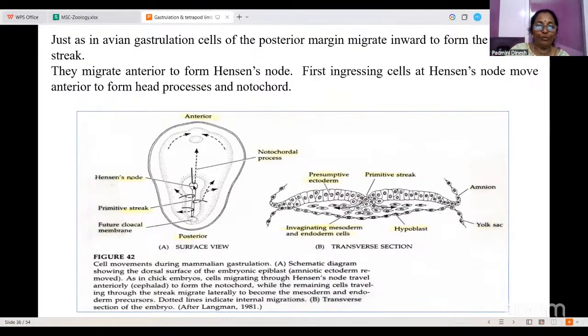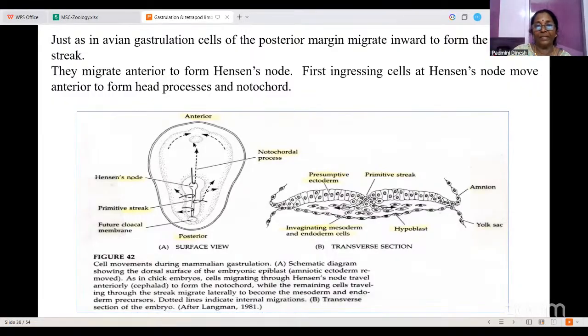Now, at the anterior region, there is something called a procordal region that is predetermined. The procordal region is where the head is going to be formed. Once the notochord forms, the cells that go inside this Hensen's node form a rod-like structure, and they keep moving until they touch this procordal region.